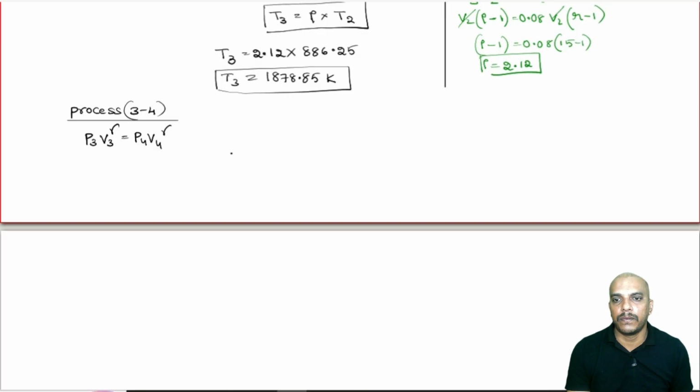We want to find P4, so I'll simplify it: P4 is equal to P3, and we have the P3 value, times (V3 by V4) whole power gamma.